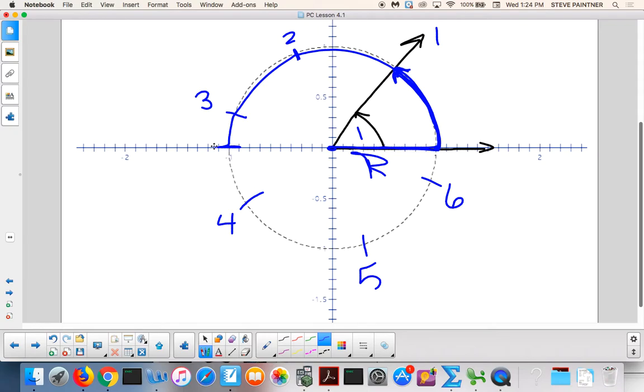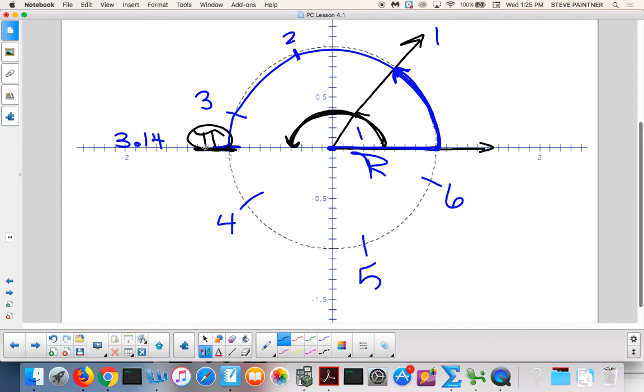You guys are saying pi. How many times can you wrap your radius around the circle to get here? 3.14, or better yet, what? Pi. How far is it from here to here? No, not 180. You gave me degrees. In radians, how far is it?